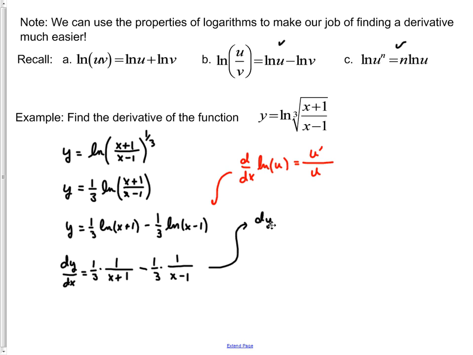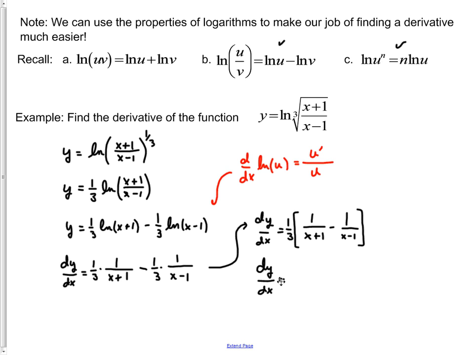dy dx in this case will equal, if we get a common denominator, actually, you know what I'm going to do? I'm going to factor out my 1/3 first. Let me just leave that separate. And I wanted to subtract 1 over x plus 1 minus 1 over x minus 1. I would get my common denominator of x minus 1 times x plus 1.